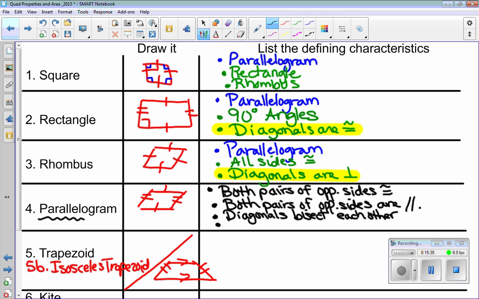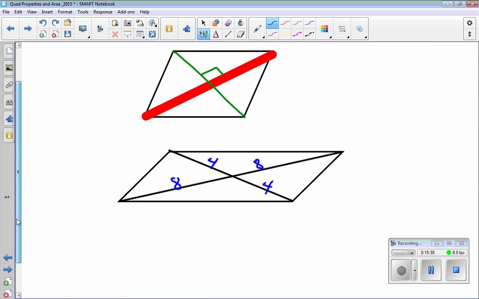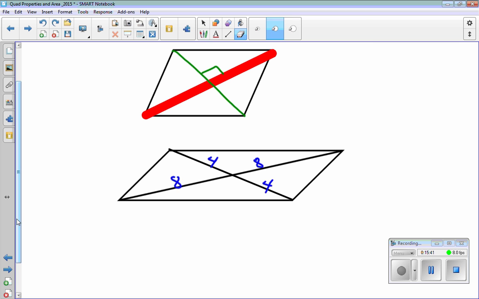Okay. The diagonals also do something else. Not only do they cut each other in half, which we can erase because we know now, they do something to the angles, the corner angles. Any ideas? They cut them in half too, yeah. So like, in other words, this angle and this angle are congruent. This angle and this angle are congruent.